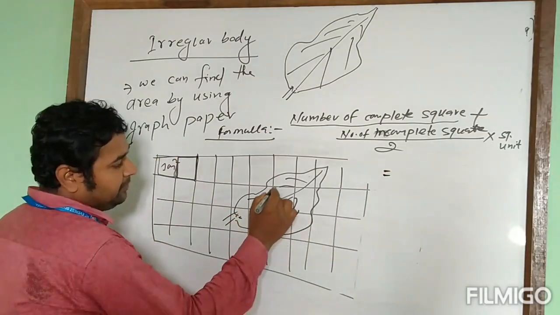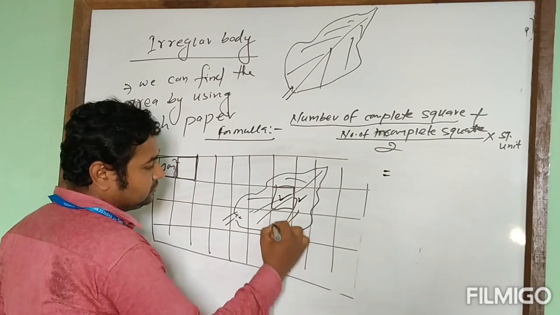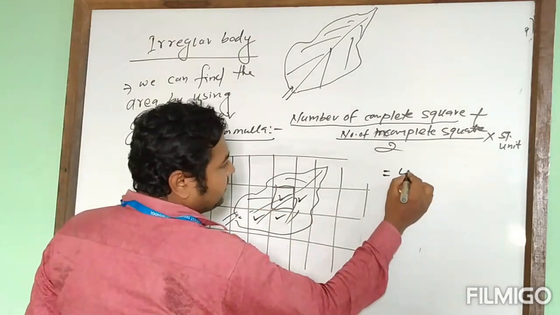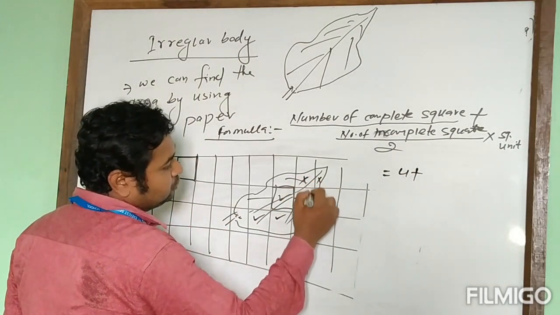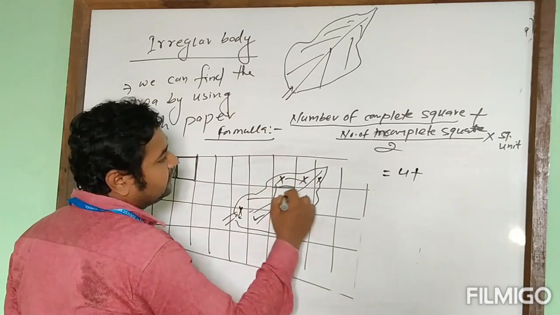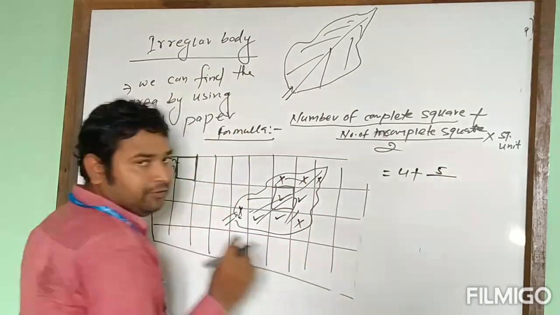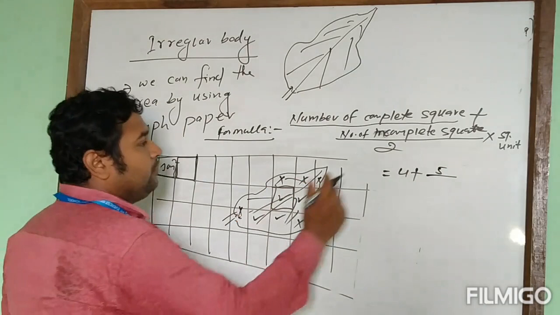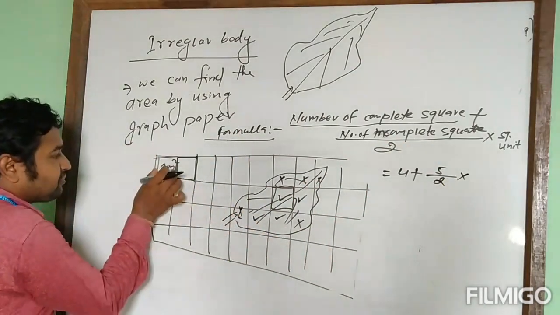Suppose this is the number of complete squares: 1, 2, 3, 4. So 4 is our complete squares. Then 1, 2, 3, 4, 5. Suppose 5 is our incomplete squares.